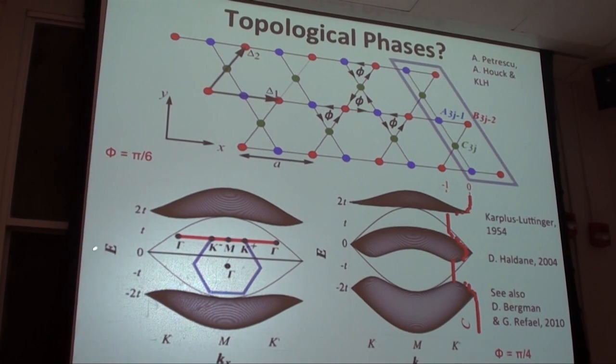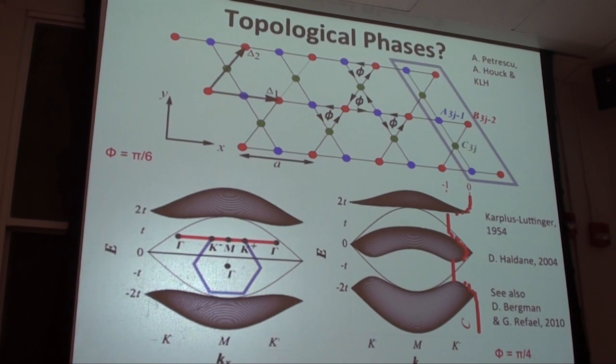So we can start from that flux. We can send some photon with a given energy, and for that flux, we get a quantized Hall effect. We just get one edge mode per edge of this sample.